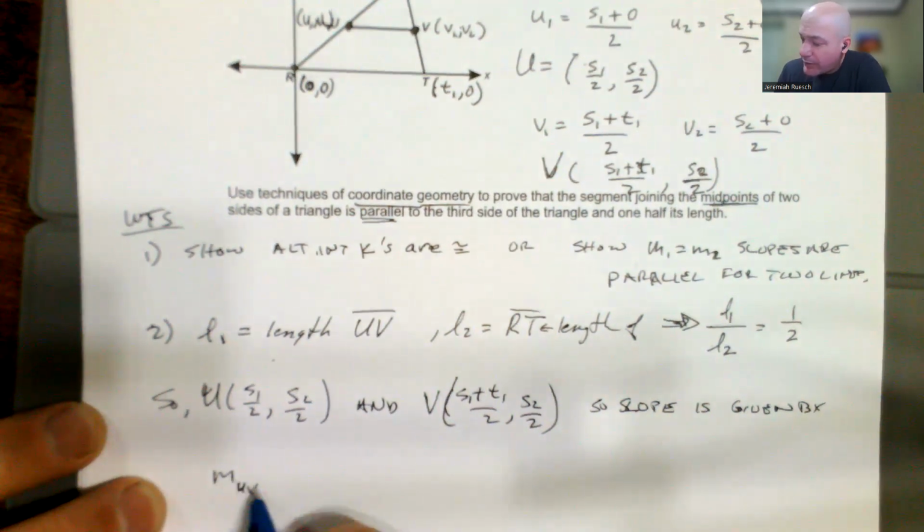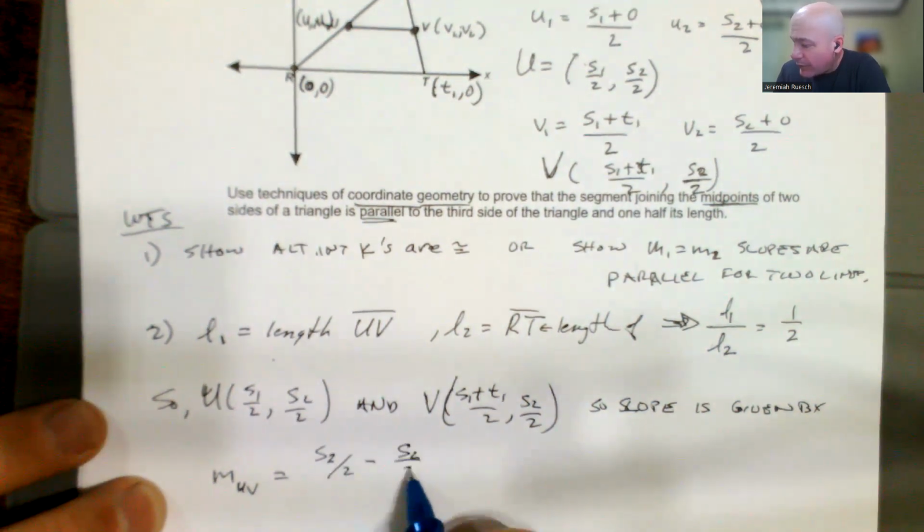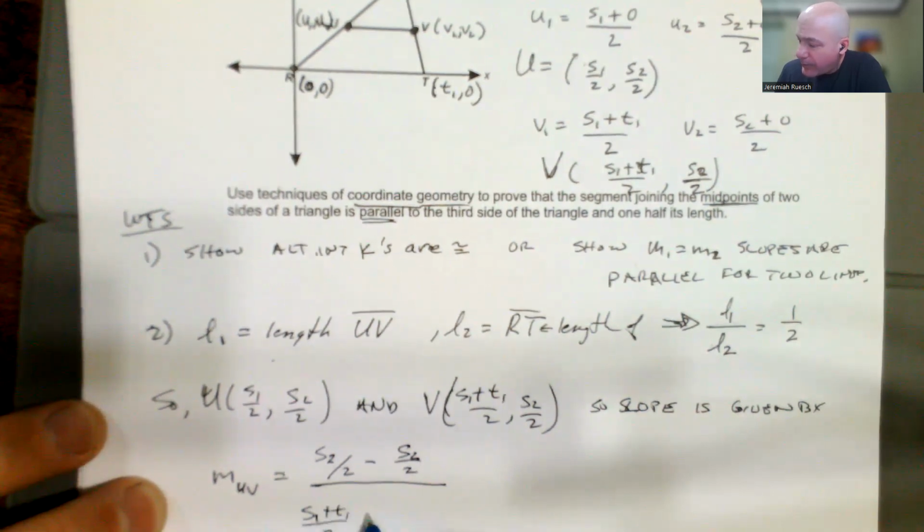Okay, so this is the slope between those 2 points, given by S2 over 2 minus S2 over 2. This is the difference in the y coordinates divided by S1 plus T1 over 2 minus S1 over 2.